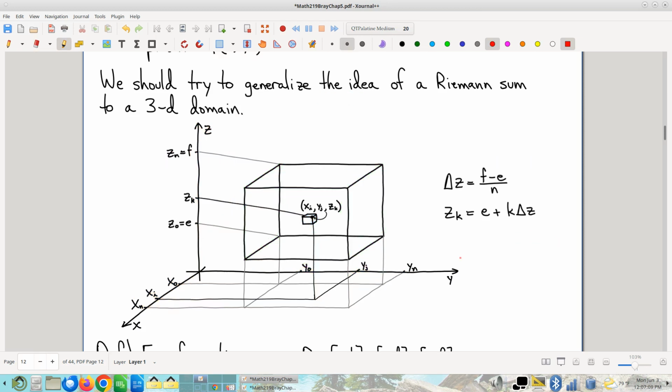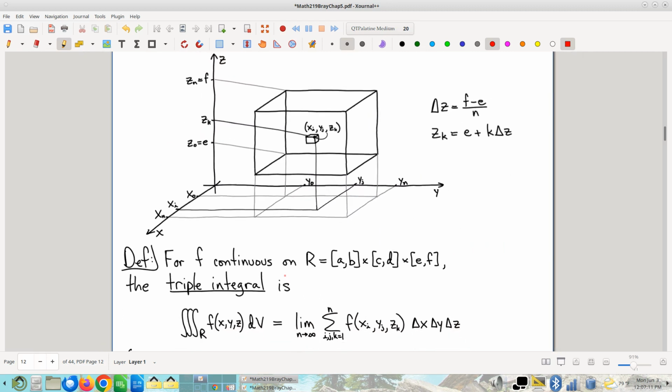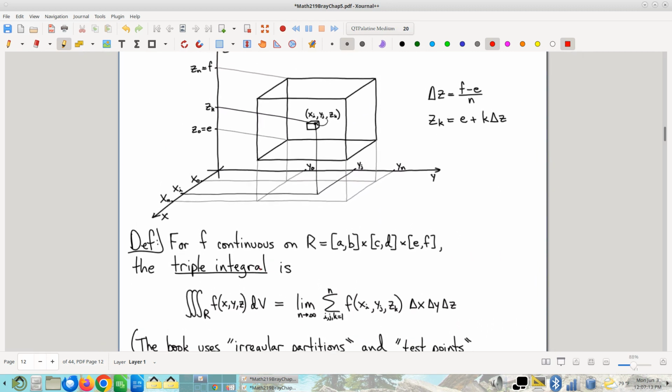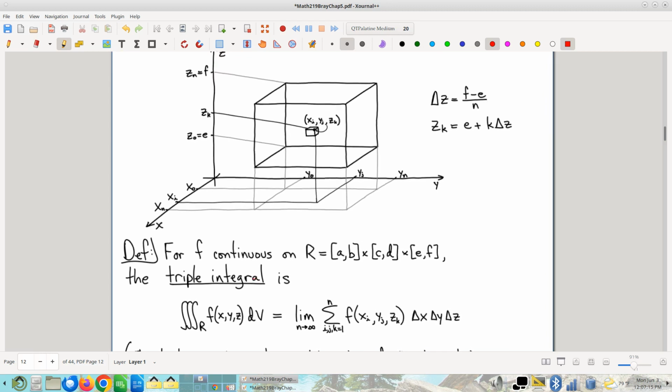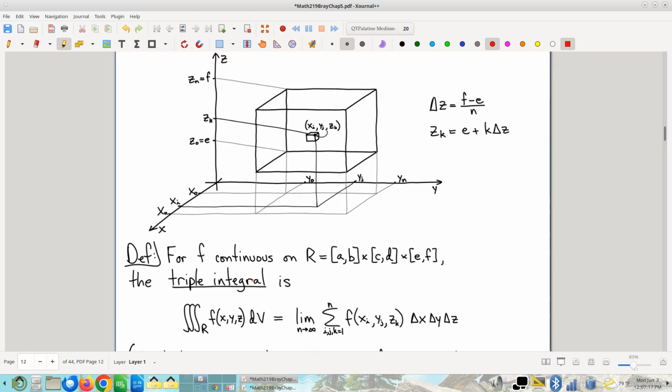If I want to compute the grand total amount of mass in this whole thing, okay, I'm just going to look one little piece at a time. On each little piece, mass per unit volume times volume, isn't it?